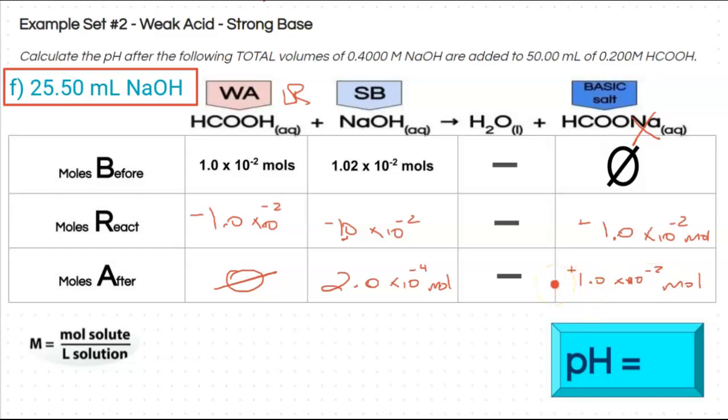Okay? Because your conjugate base, HCOO⁻, had a Kb of 5.62 × 10⁻¹¹, this is going to be a negligible value, and so we do not worry about this. We simply look at the sodium hydroxide. I've got 2 × 10⁻⁴ moles.